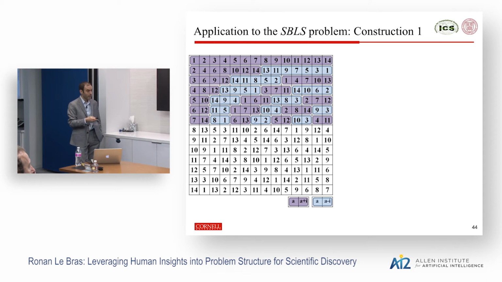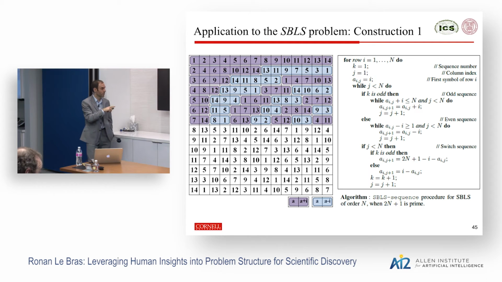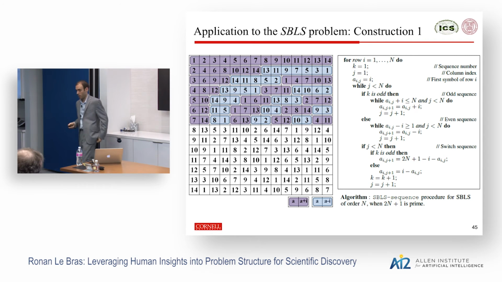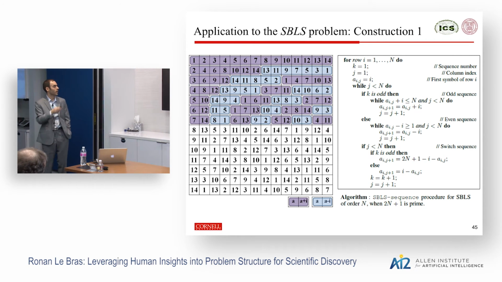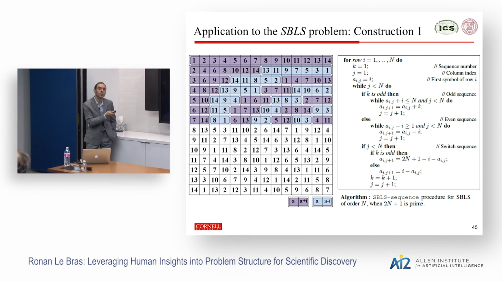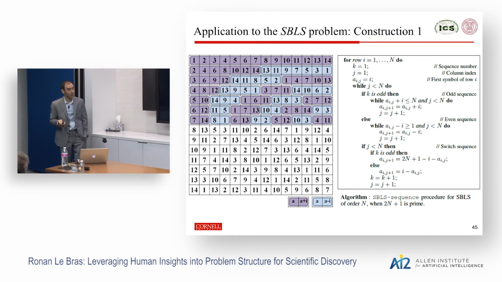And actually, you can characterize these specially balanced Latin squares exactly with this procedure, using the patterns that you see here, this increment and decrement based on the actual row that you are in. And you can prove that this is a valid construction for an order n, anytime 2n plus 1 is prime.